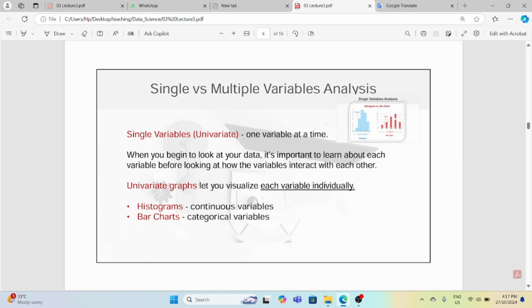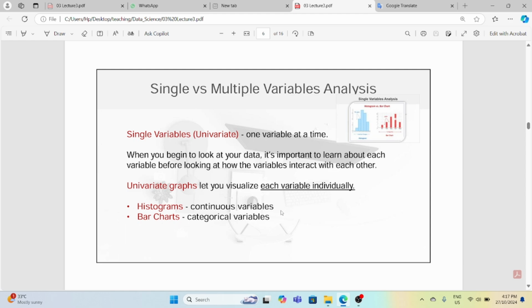Univariate graphs let you visualize each variable individually. We can use histograms for continuous variables and bar charts for categorical variables.